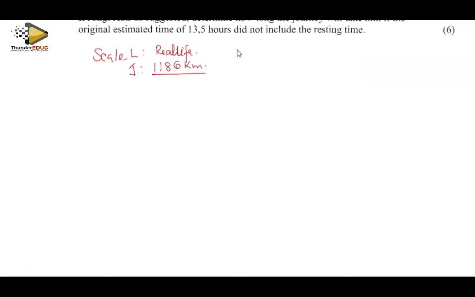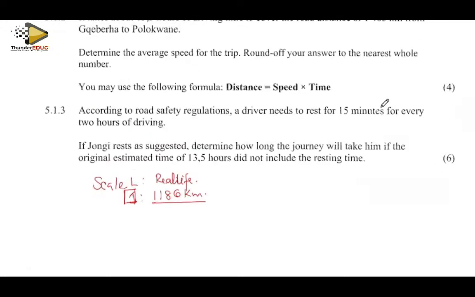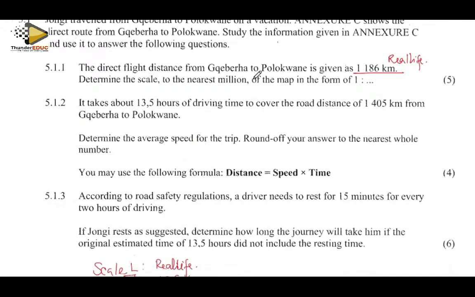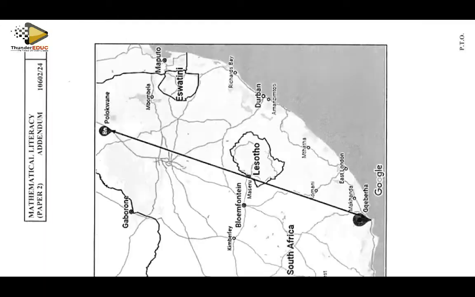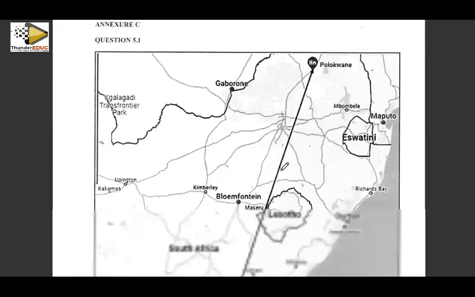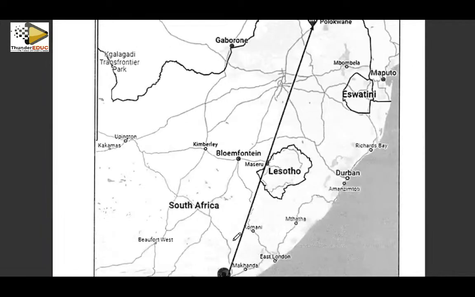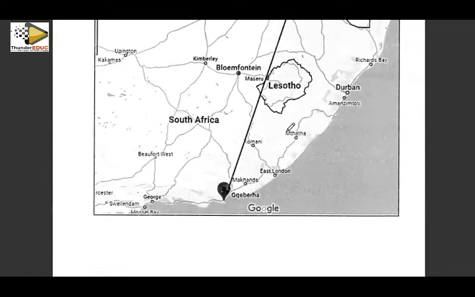So we don't know what it is on paper. So now here they're telling us that we're going to measure the distance given in the annexure C. We shall go to our annexure C. Annexure C is this one here. You're going to pick your ruler, you measure this line which is already drawn.